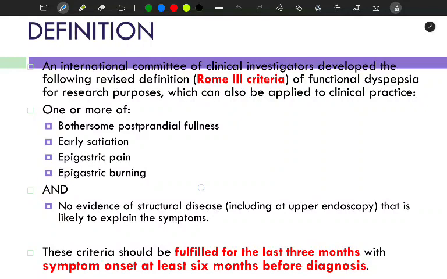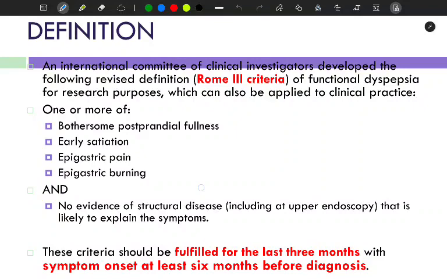From its name, there is nothing structural, it is functional. It should be fulfilled for the last 3 months, with symptom onset at least 6 months before diagnosis. So the symptoms must be present for the last 3 months, and at least 6 months before the diagnosis. We don't say 3 months only, no, we have to wait another 3 months to fulfill this criteria, given that we have investigated and there is nothing structurally there. Next.